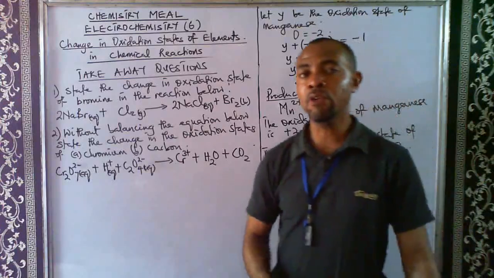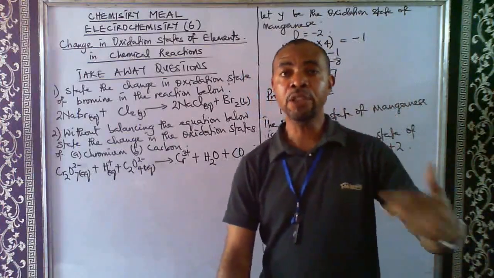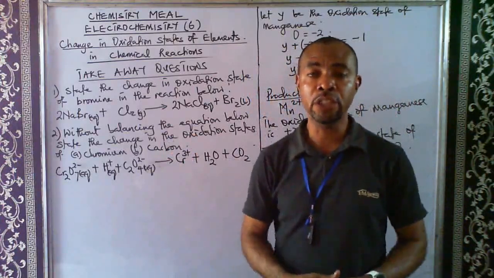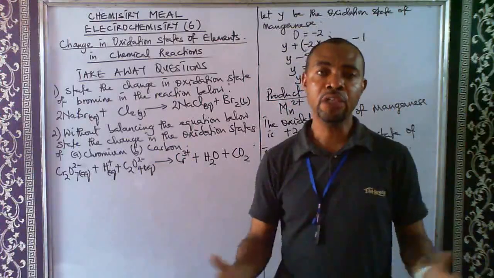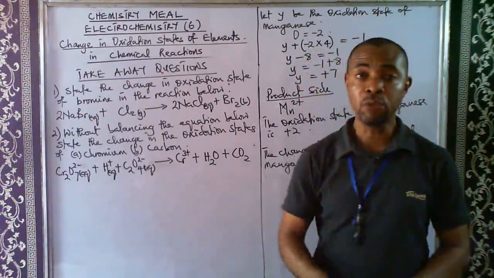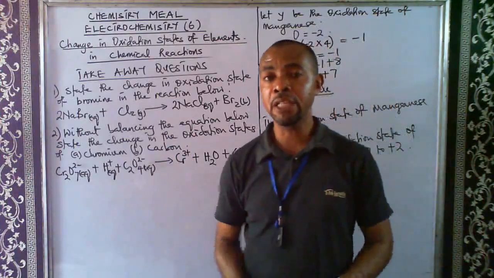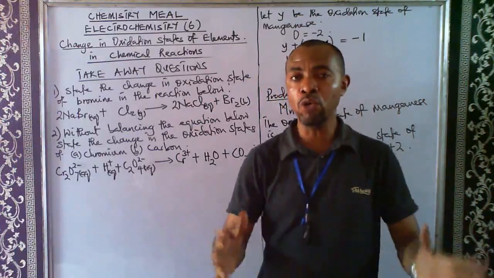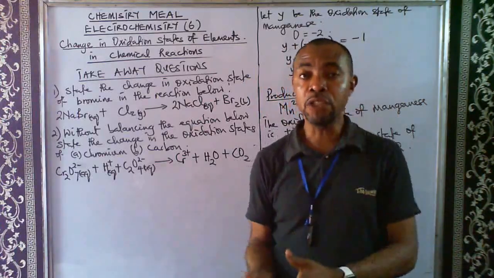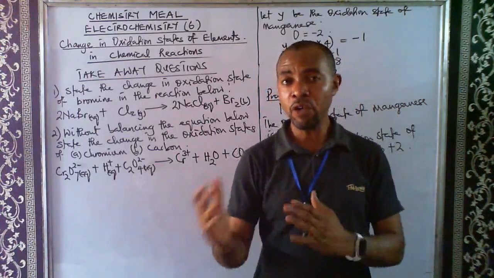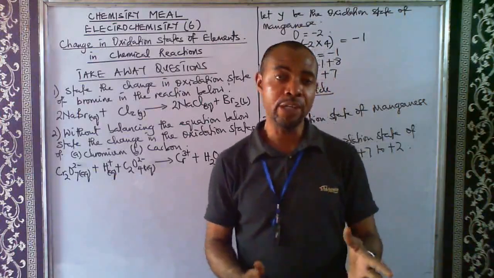In the next part of our electrochemistry, we are going to solve the equation on the change in oxidation states of elements. Then after solving the equation, we'll now move on to the next part, where we're going to consider reducing agent and oxidizing agent, and then we look at redox reaction, and that will conclude the aspect of oxidation. But that's not the end of electrochemistry, because we still have other aspects to look at.